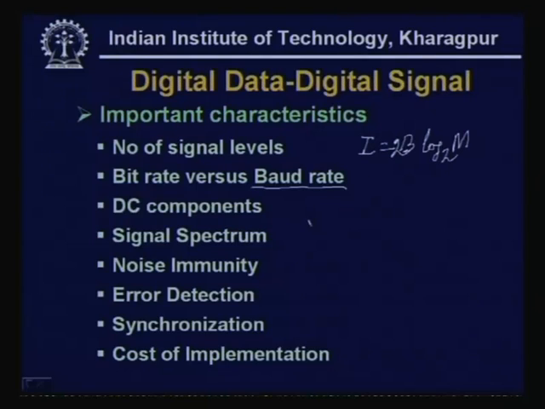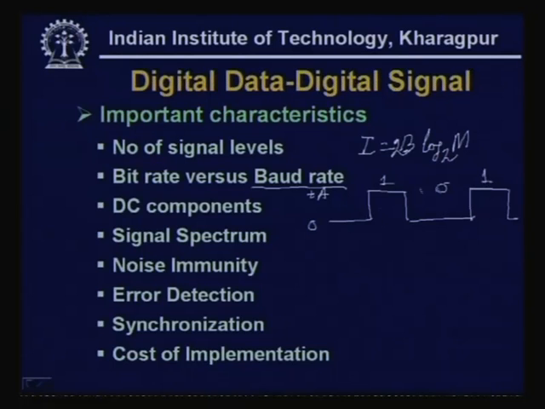Because of the presence of transformer and capacitor, the DC component will be blocked, that will lead to attenuation, but sometimes there will be a DC component. For example, if it is encoded in this manner, that means you have got 0 volt and another level is plus A, then as you can see, this is for 1, this is for 0, this is again for 1.